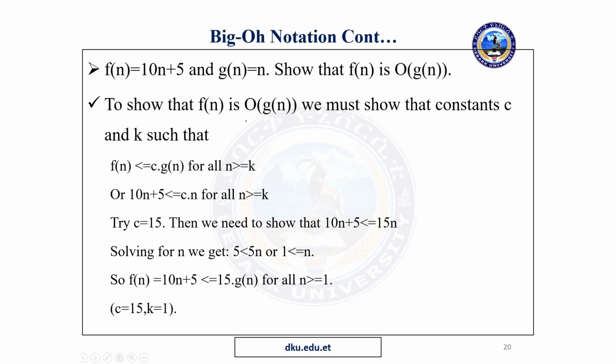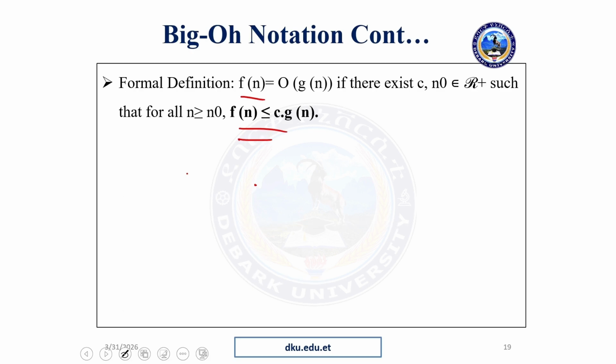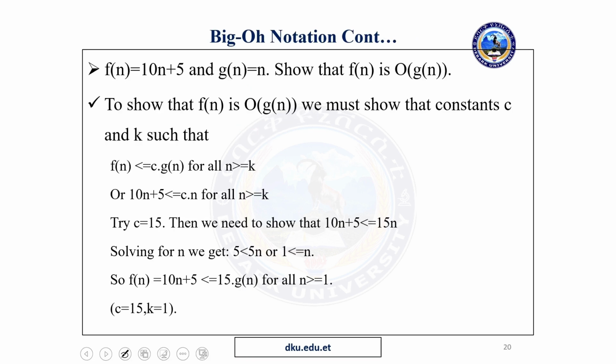So based on this definition, let's see some examples. If the time complexity f of n is equal to 10n plus 5 and g of n is equal to n, show that f of n is big O of g of n.